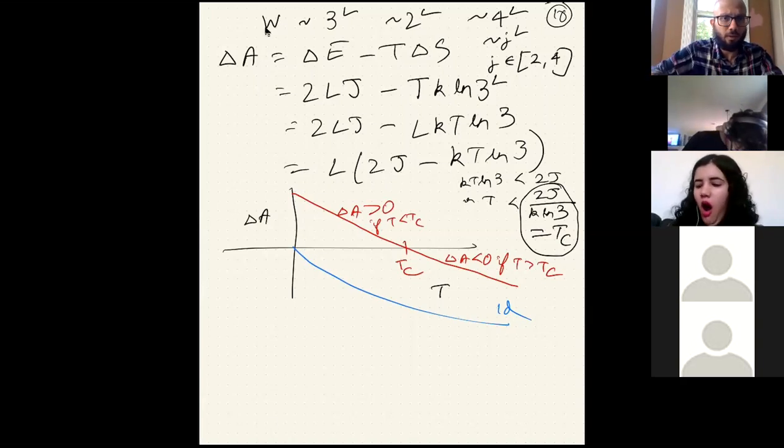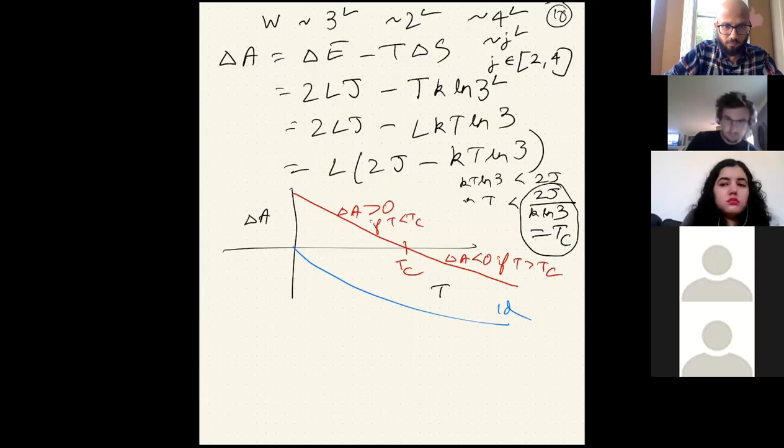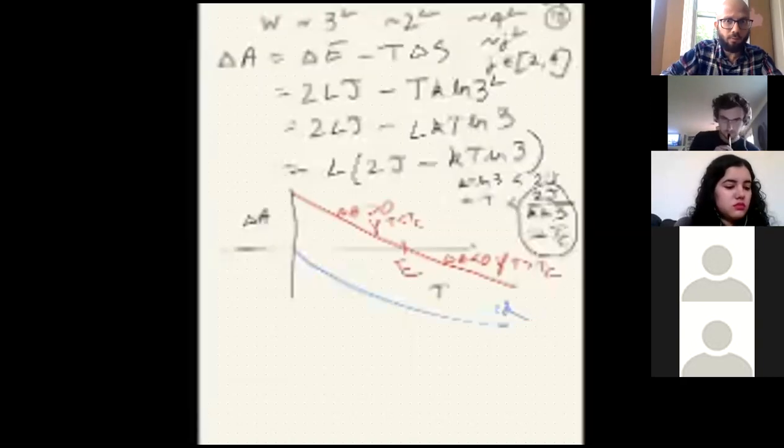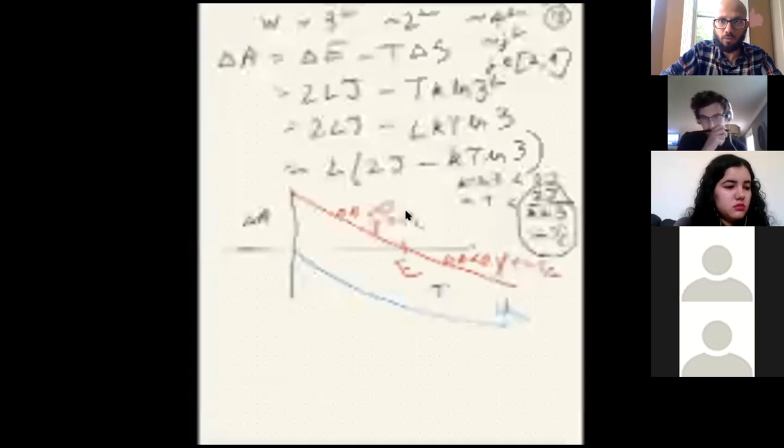Let me look that up. Onsager, let me look it up on here also so you can see. I'm browsing. Where did Zoom go?